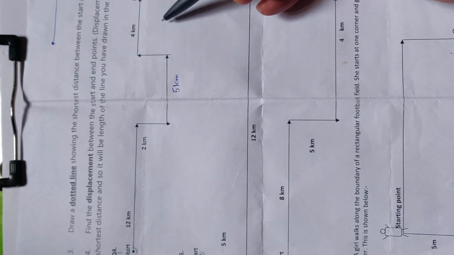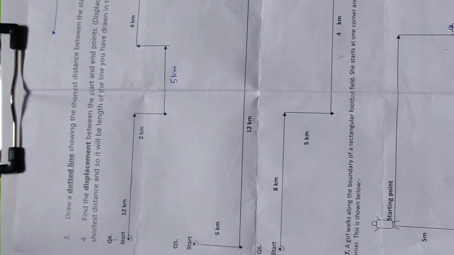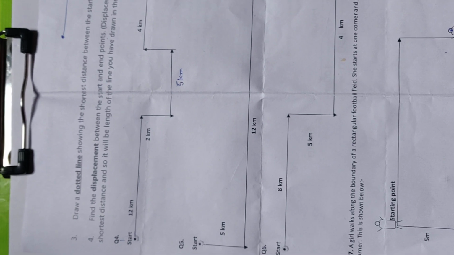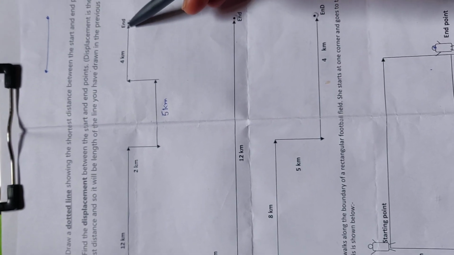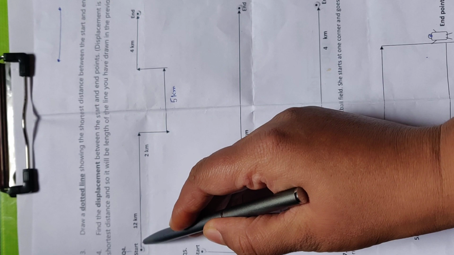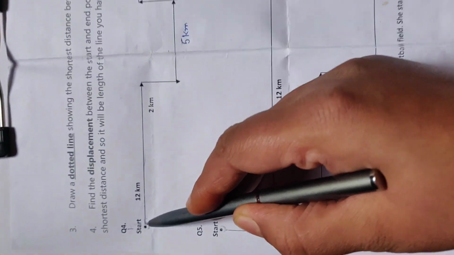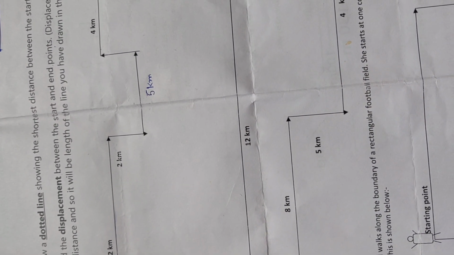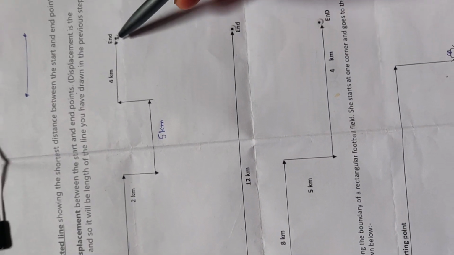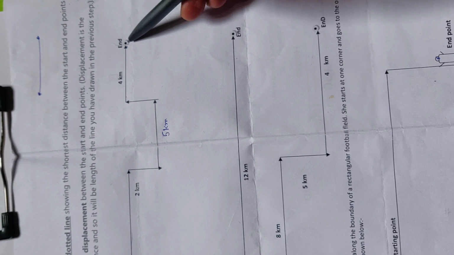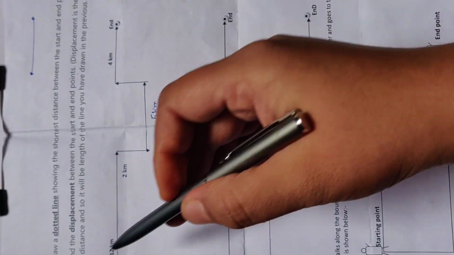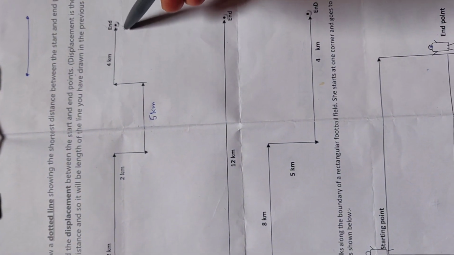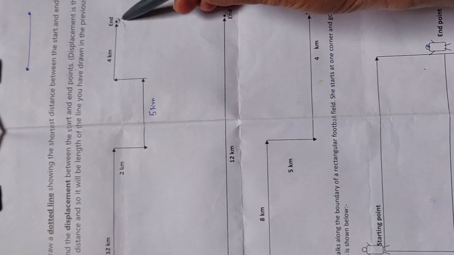But now, what is the displacement? Displacement means how much that object has displaced from its initial point. So this was the initial point, and this is the end point. So how much that object has displaced from this point to this.